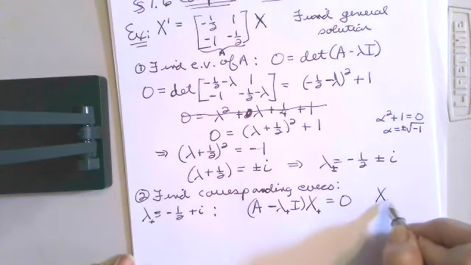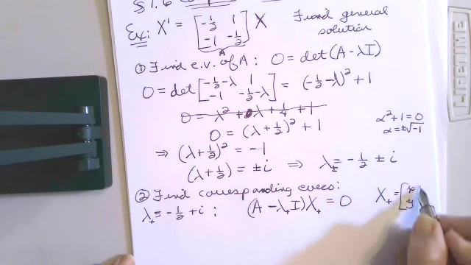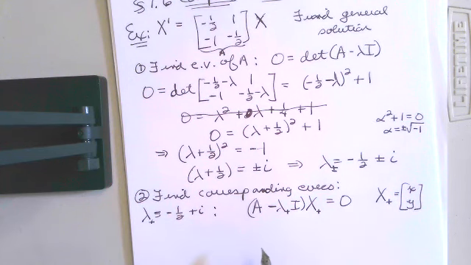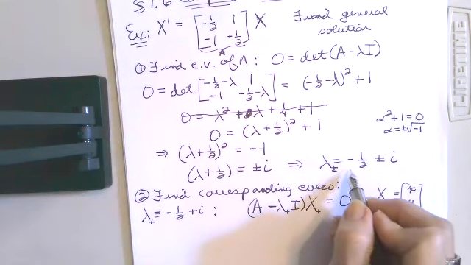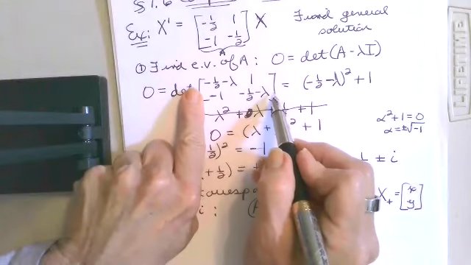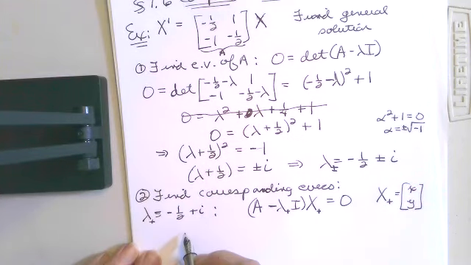We'll say the components of x plus are x and y, and that's what we want to find. So what is A minus this? Now be real careful. Here's your matrix where you wrote A minus lambda. Now our lambda is minus a half plus i.